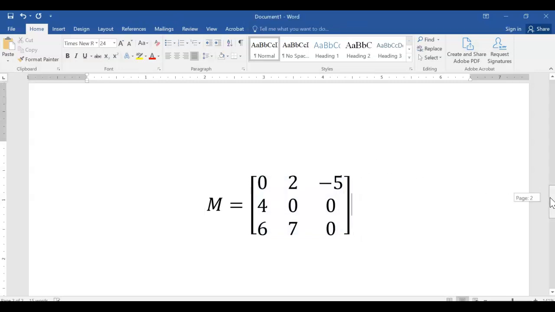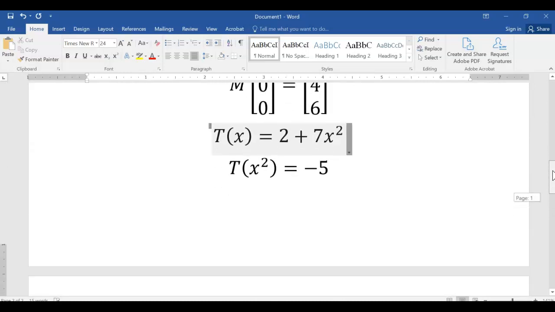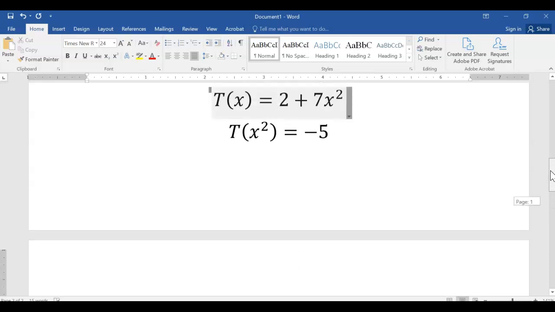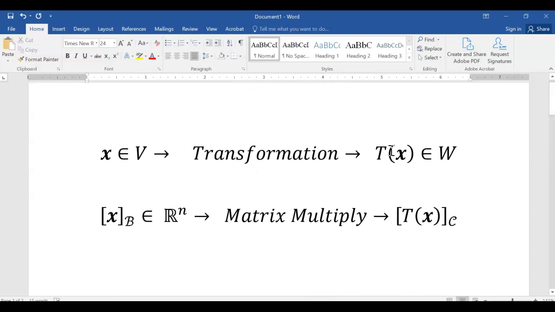And why that's nice is because now we have a matrix multiplication transformation from R3 to R3 that represents a transformation from polynomials of degree 2 to polynomials of degree 2.